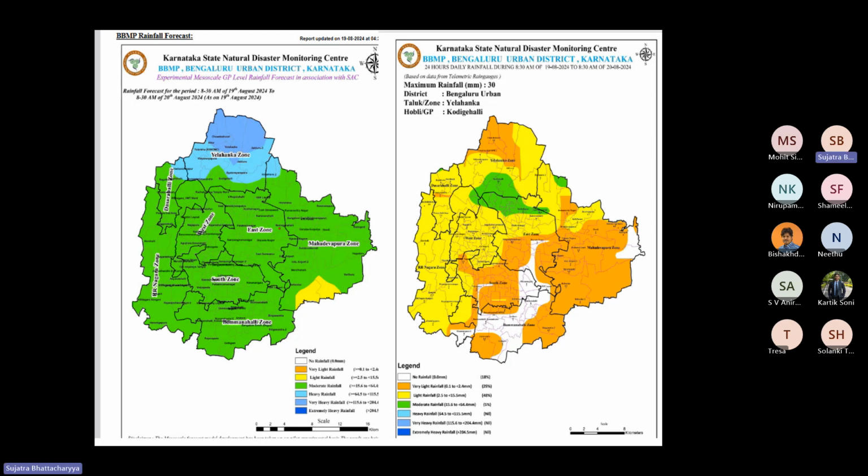It didn't come out right, you see here, but if you look at the pattern, they were right. It rained more in North Bangalore and IISc, somewhere here, than South Bangalore. They got that right, but the actual rainfall amount they got wrong. Maybe with a bias correction they would have succeeded, I don't know.